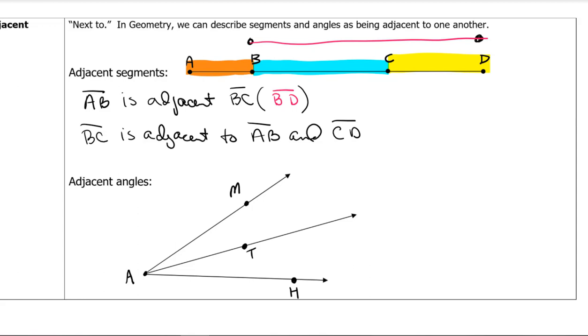But one of the things you want to be really careful of is this. Sometimes people will incorrectly say AB would be adjacent to CD, and it's not. So be careful you don't say that. AB is not next to, not adjacent to CD. Think about it like this. If you were sitting in class and this is your desk, your desk is the AB spot.